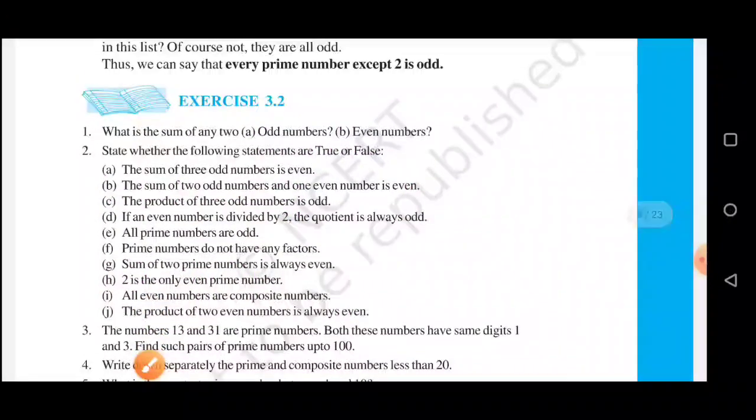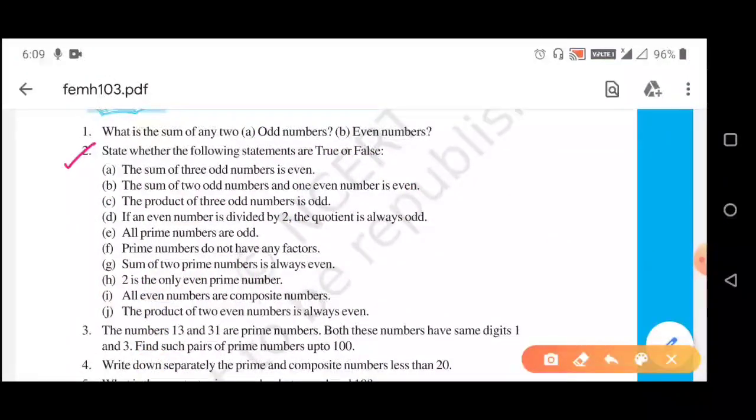Now move to question number 2. Here we have to find true or false. The first one is A. The sum of three odd numbers is even. If we take some examples, suppose I am taking three odd numbers, 3, 5 and 7, then the sum of these three numbers is 15.